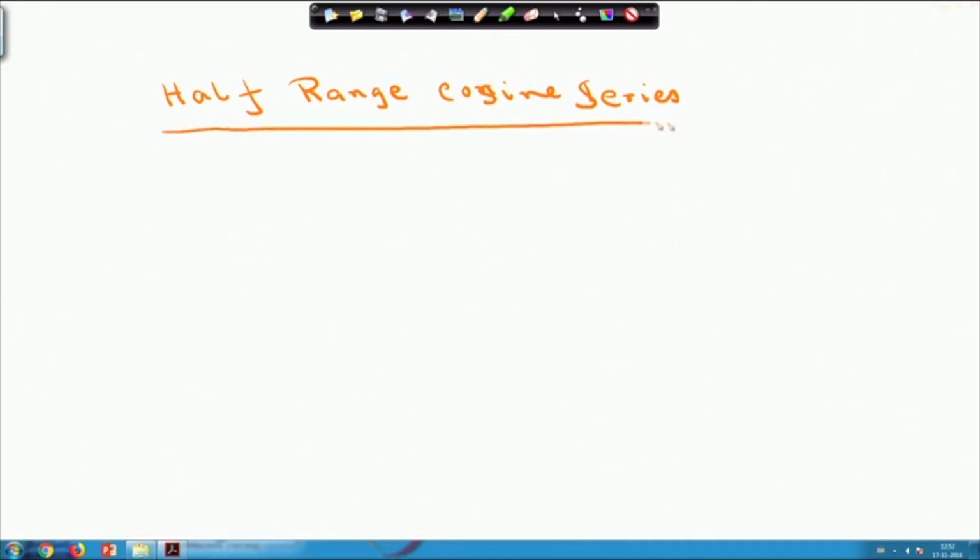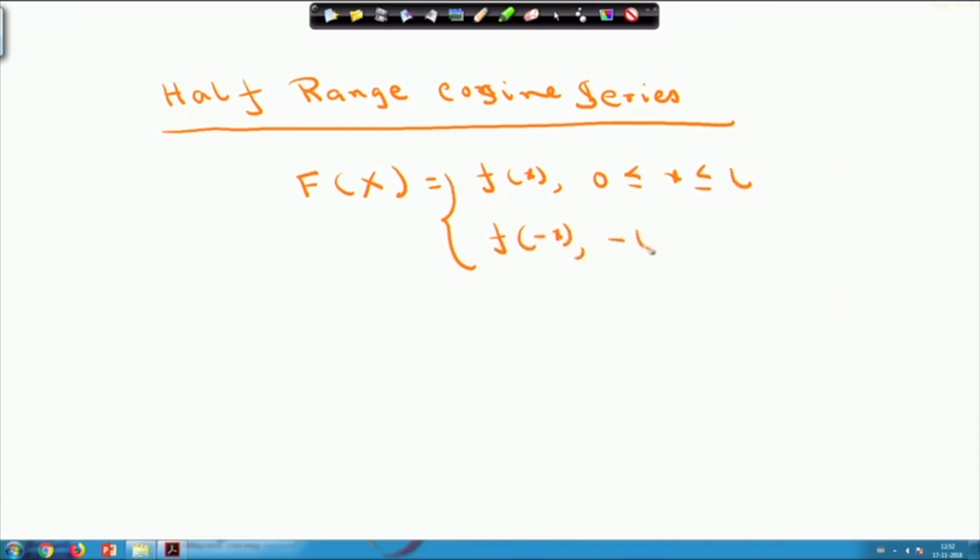Just like half range sine series, in half range cosine series I can define again a new function capital F x, which is equal to small f x, where x lies between 0 to L, and this will be equal to f of minus x in minus L to 0.